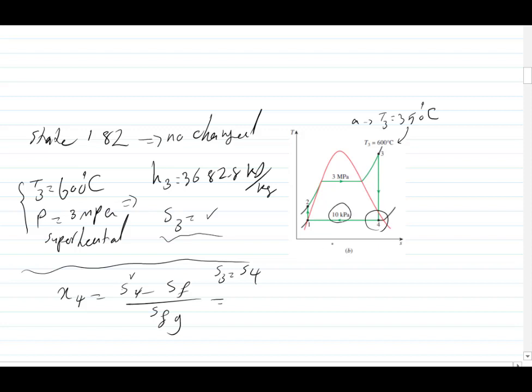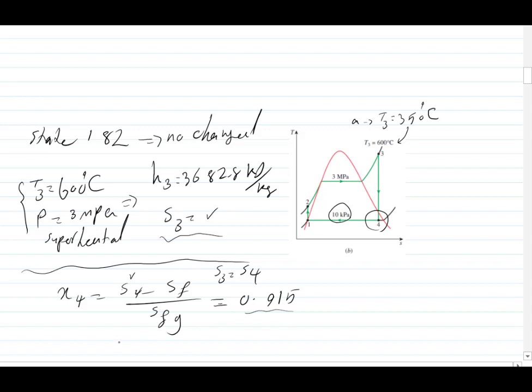Again, like the previous step, for 10 kilopascal we can go to the saturated table and find sf and sfg. By substitution of the values for sf and sfg, and also by knowing the s4 from this step, we can calculate x4, which for part B is equal to 0.99915.